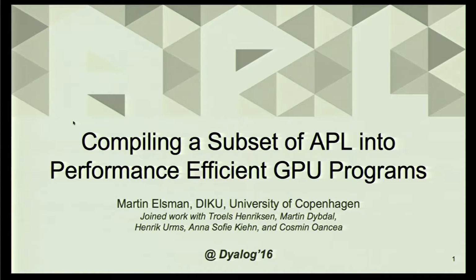In particular, this project is about combining different tools. So first of all, we have a front end that basically takes a subset of APL and translates that into an intermediate language, a typed intermediate language. And then from that, we have tried various kinds of backends to target GPUs.